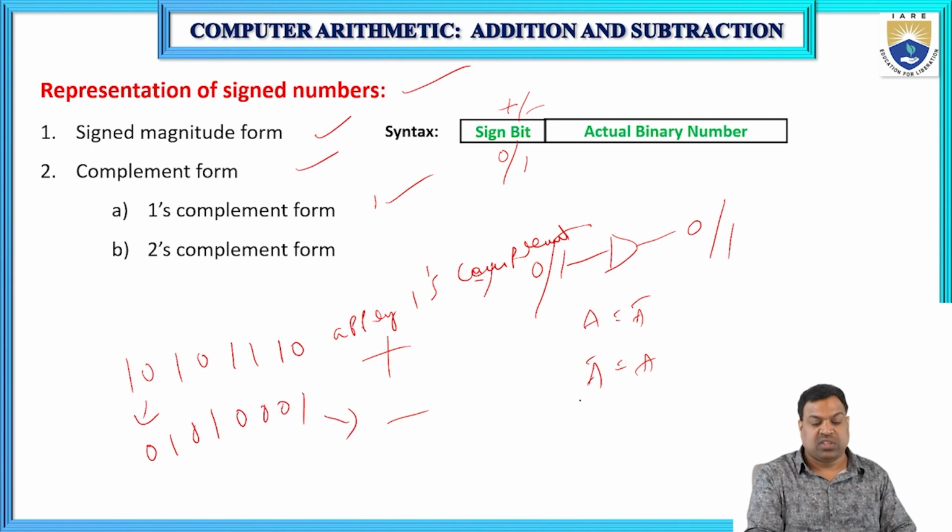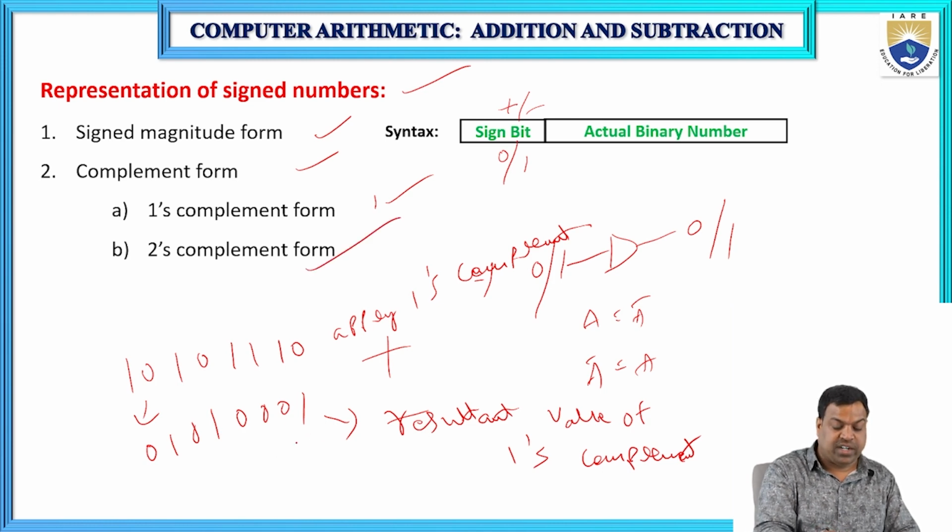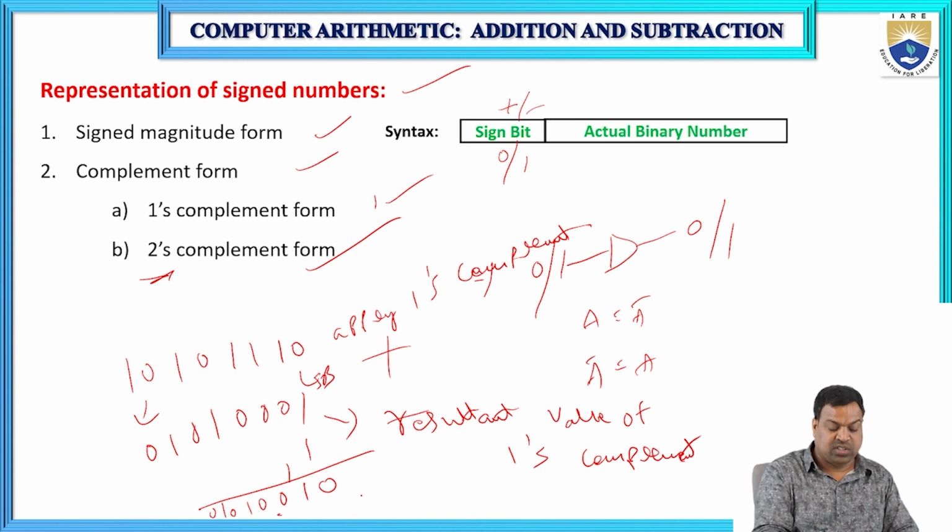This is the resultant value after one's complement. Two's complement means after getting the one's complement, I add 1 to the LSB, the least significant bit. That is the two's complement. 1 plus 1 equals 10, 0 plus 1 is 1, giving 0 1 0 1 0 0 1 0. So that is the two's complement resultant value.